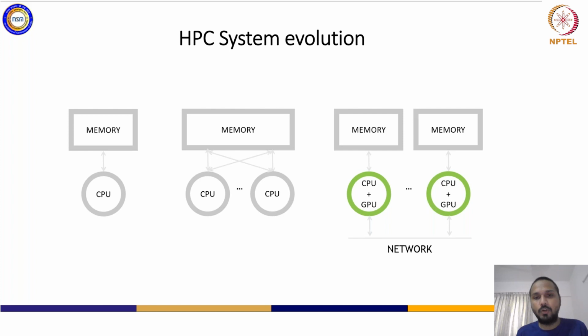So now you have distributed computing, but within it you don't just have the CPU, you also attach a GPU, and you do all those parallel operations and multitasking on CPU and GPU.